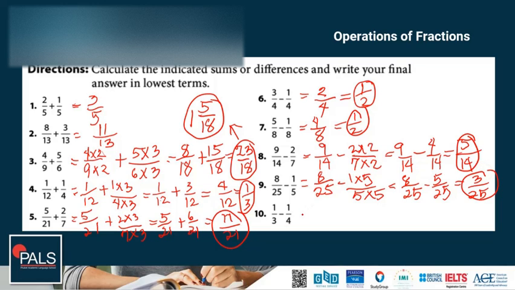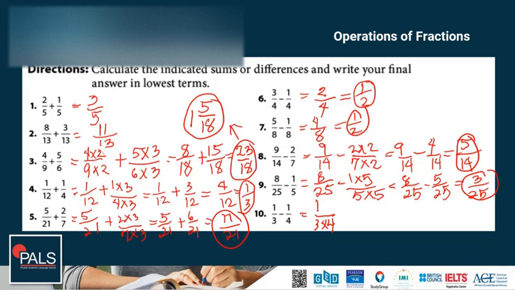Okay, number 10. 1/3 minus 1/4. Okay, the denominators are different. So here, since 3 and 4 are both lower numbers, we can just multiply 3 times 4. So we have 3 times 4.